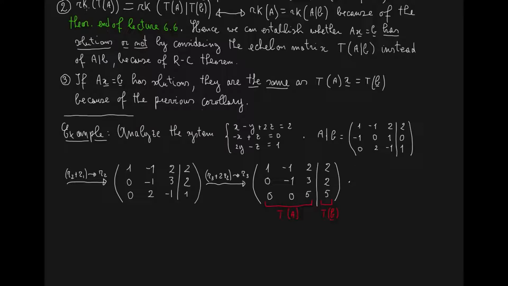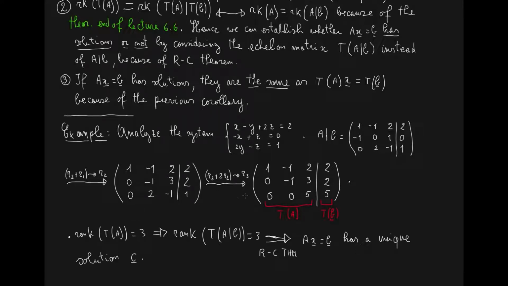Step number 2 of the procedure involves checking if the rank of this block matrix is the same as the rank of T of A, in order to find out whether the starting system of linear equations has solutions or not. Now, the rank of T of A equals 3 because this is a triangular matrix, and we have all elements along the diagonal that are non-zero.